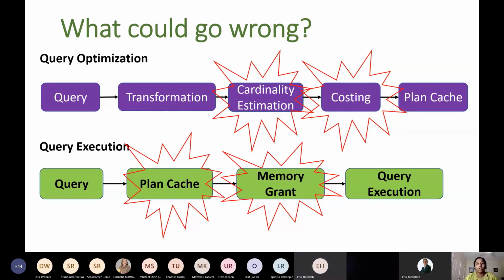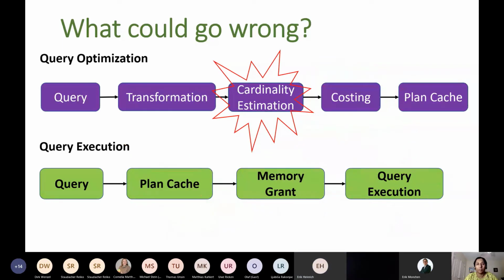So just because one cardinality estimate went wrong, all the later phases went wrong too, right? The non-optimal plan has been placed in the plan cache, and that completely went bad.